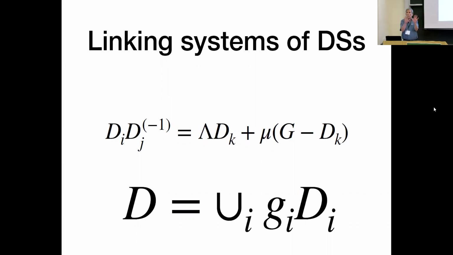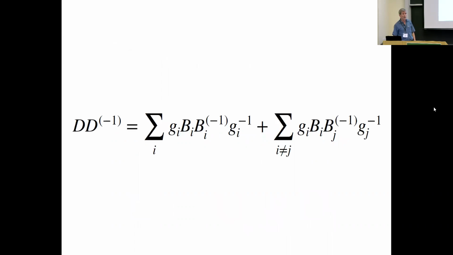The external differences, D sub i times D sub j inverse, will give you a third difference set, a D sub k, some replication number, a lambda, and then the complement of that will be mu, is the letters that we use. But if you go back to this equation, that means that we have control over those external differences.